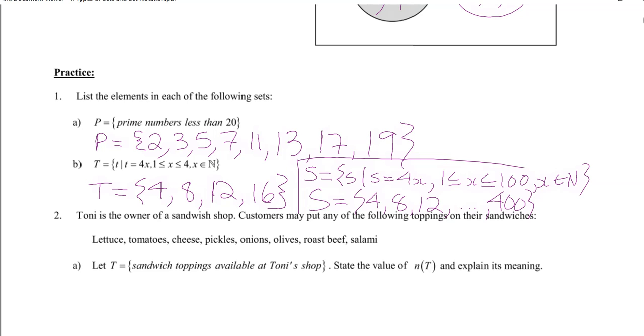That set is not infinite, but it's got a lot of elements in it, and we don't want to list them all. We're not going to go 4, 8, 12, 16, 20, 24, 28, 32, ... 392, 396, 400. We just say, basically, any multiple of 4 that's less than or equal to 400.